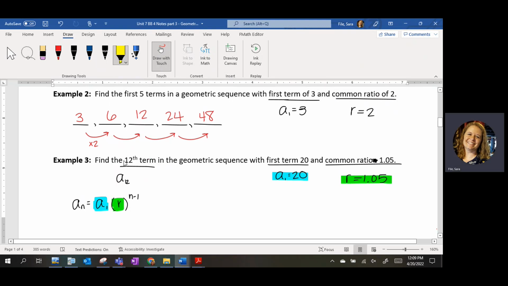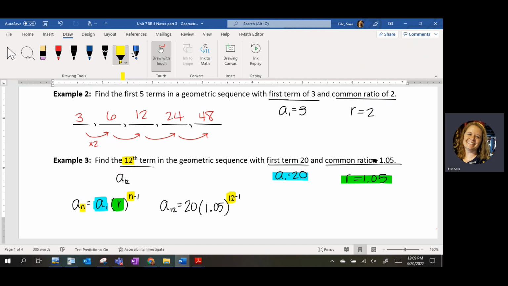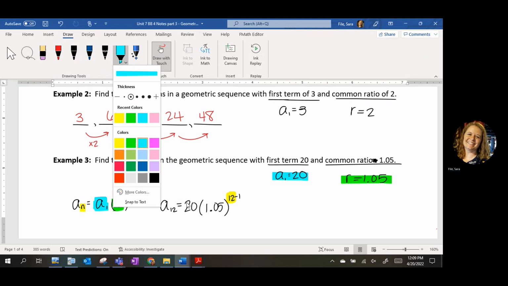And the term number that I'm looking for, the n, is 12. So a sub 12 is 20 times 1.05 to the 12 minus 1 power. Those are the values that I plugged in.